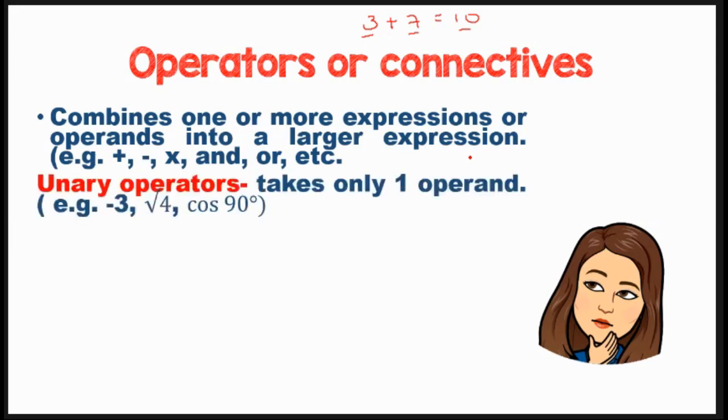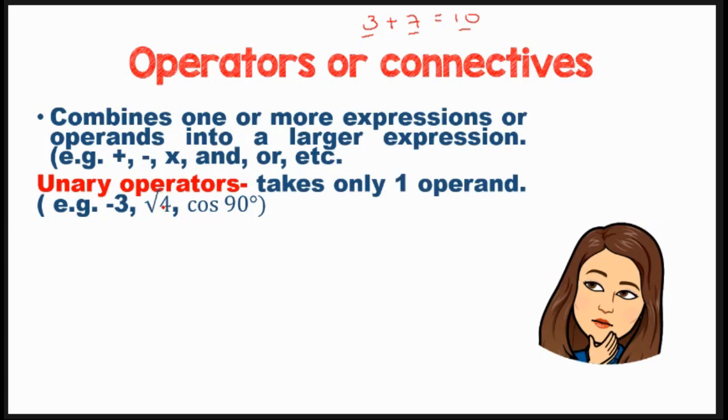So we have what we call unary operators. It takes only one operand. So these are the examples. We have negative 3. Isa lang yung operand niya, or nag-a-apply lang siya sa isang expression which is 3. So the operation is negative. So that is negative 3. Now let's have square root of 4.